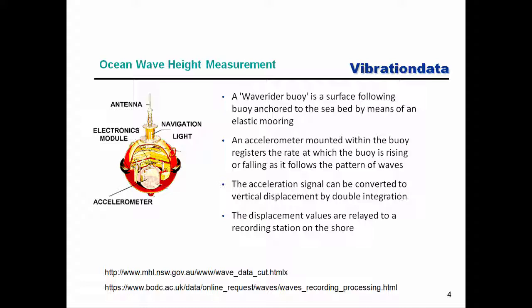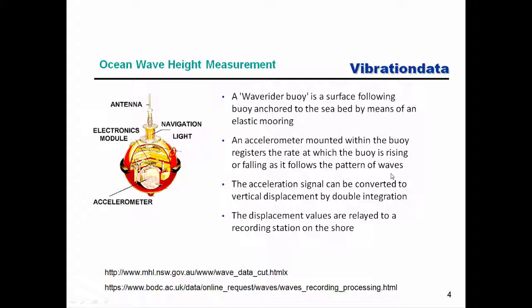And then that resulting signal can be sent via telemetry through the antenna to a receiving station, a recording station on the shore. And depending on the different links, there could be satellite links as well. And if you'd like to learn more about these types of wave rider buoys, there are some links shown there at the bottom.